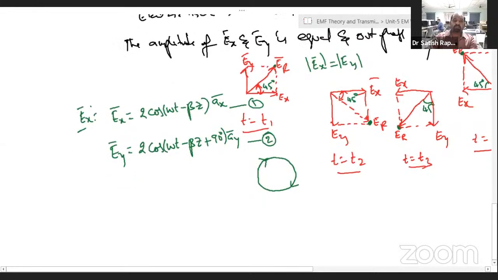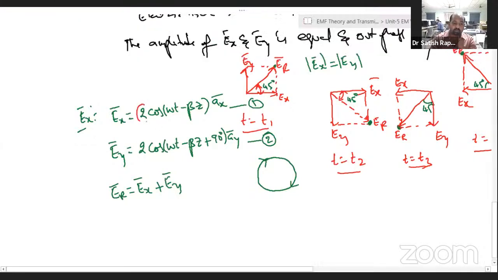If you compare equation 1 and equation 2, the resultant electric field is equal to Ex bar plus Ey bar. Here the amplitudes are equal.